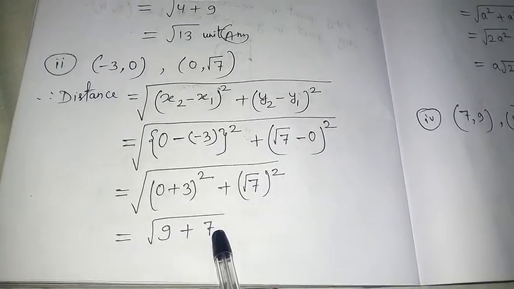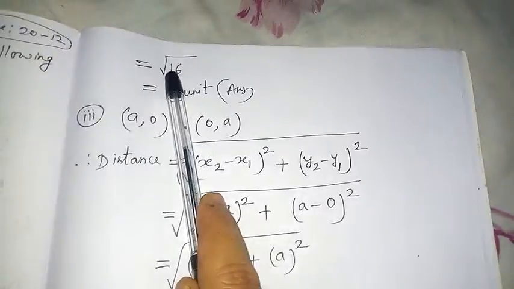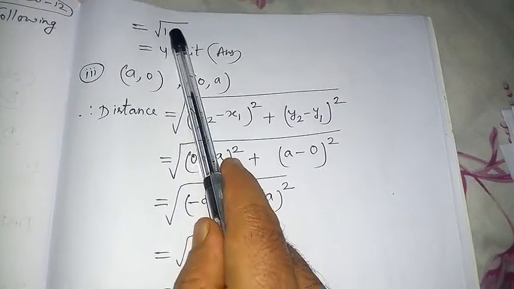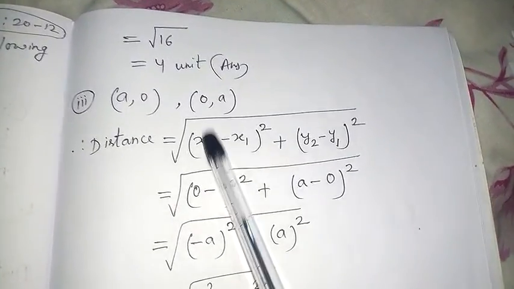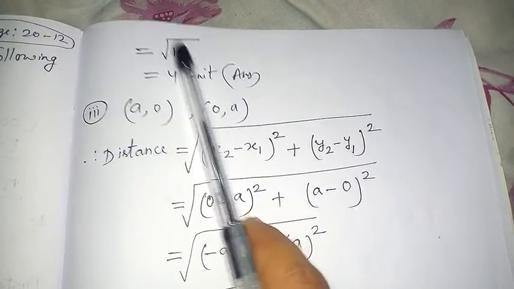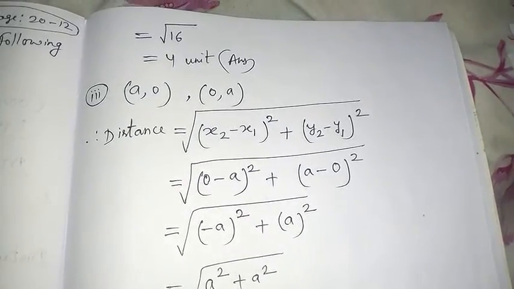Now 9 plus 7 is 16, root 16. So here I have root 16, and you all know root 16 is 4, because this is a universal formula or universal value, that root 16 is 4 and units is our answer.